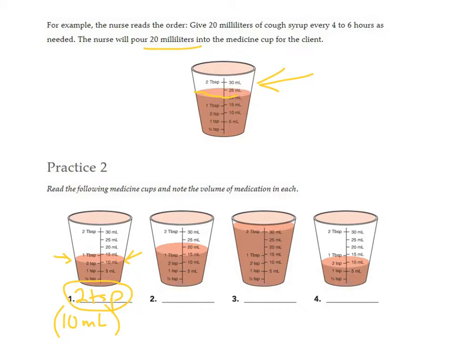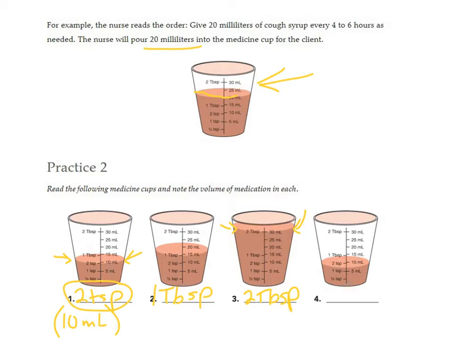Whereas at number 2, it looks like it's right at the 1 tablespoon measurement. So that's what we put there, which is, yes, 15 milliliters is just fine as well on that one. On number 3, it does fall right at the 2 tablespoons, so that one's pretty easy, which is equivalent to 30 milliliters. So that would be just fine as well.